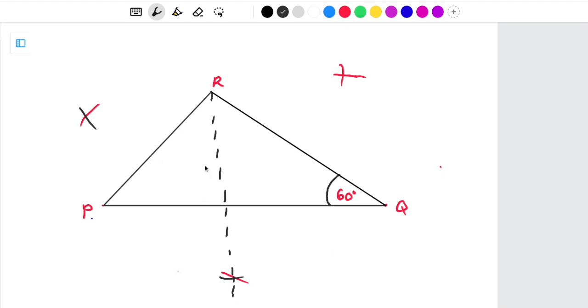Then apart from that one, we also have this one here and from this point here. So we have this one going at Q. Then also have this one leaving P, going this side.